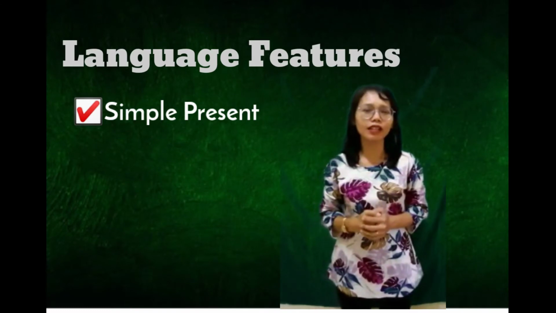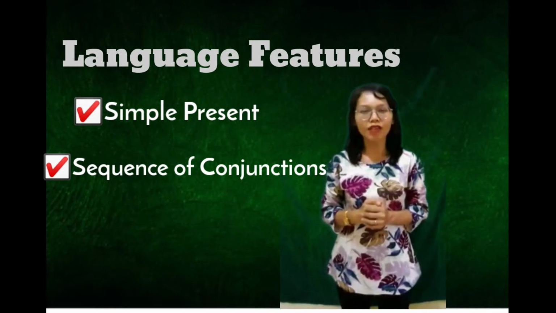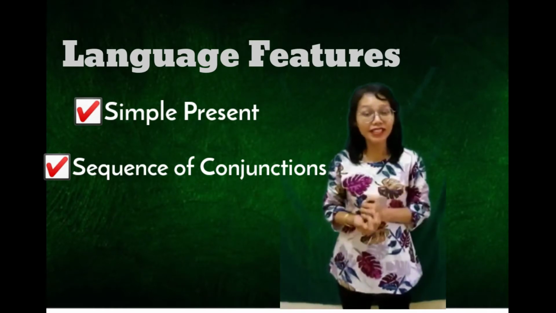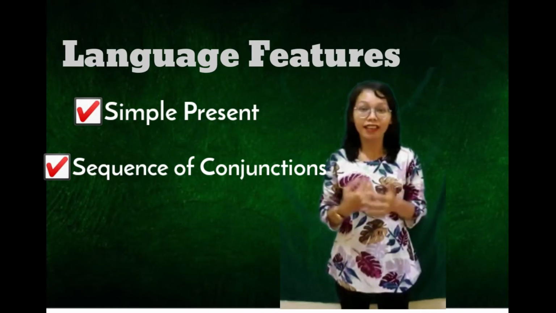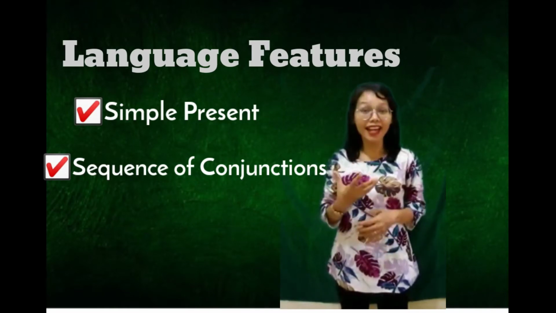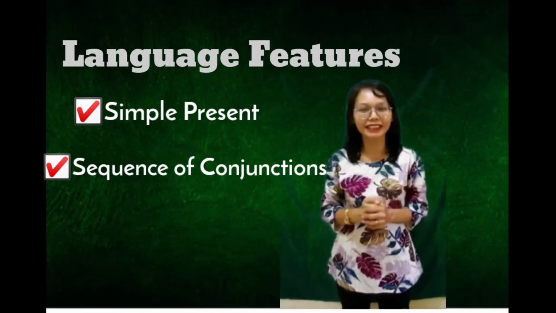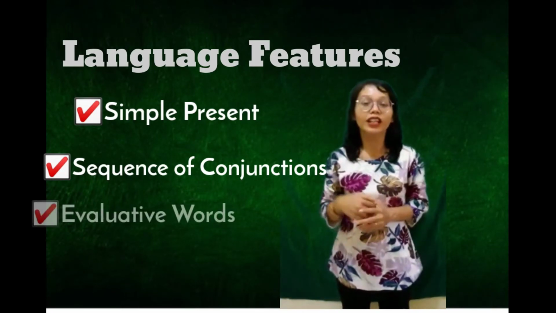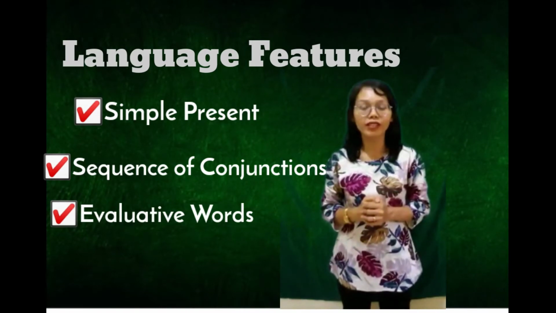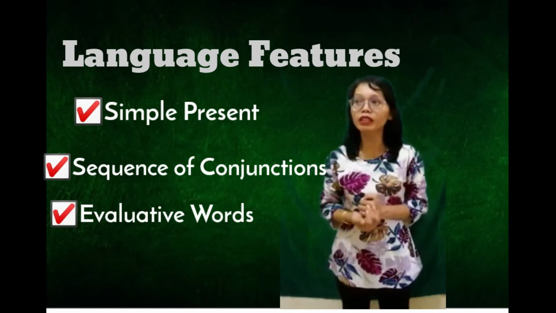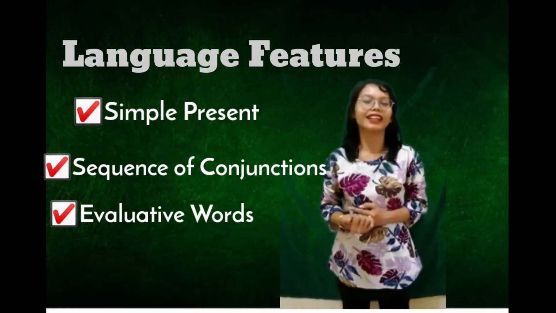And then the second one is using sequence of conjunctions. Sequence of conjunctions, for example, firstly, secondly, thirdly, finally, next, and then, okay, that is part of the sequence of conjunctions. And the third is using evaluating words. Evaluating words, for example, important, significant, very good, okay.